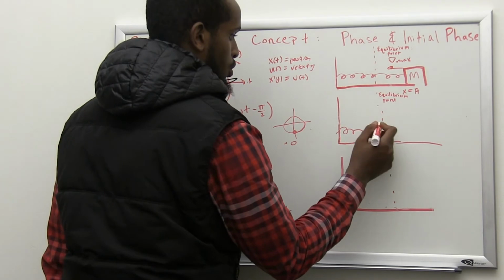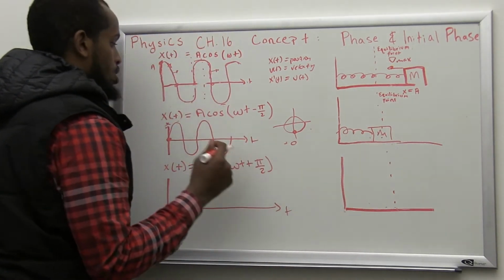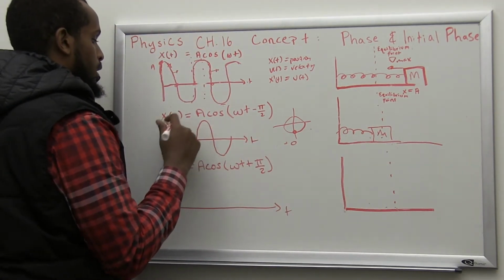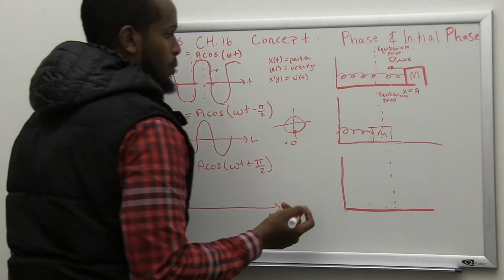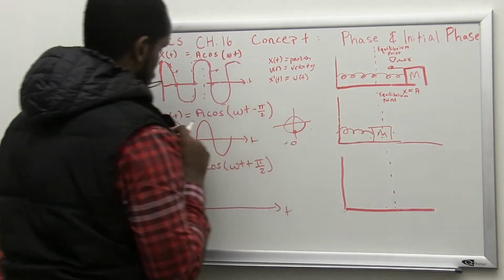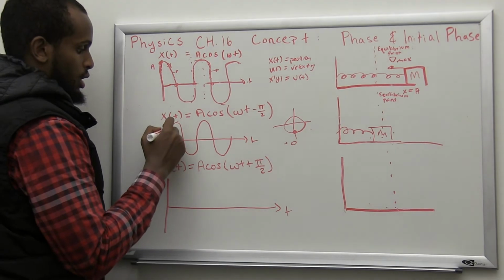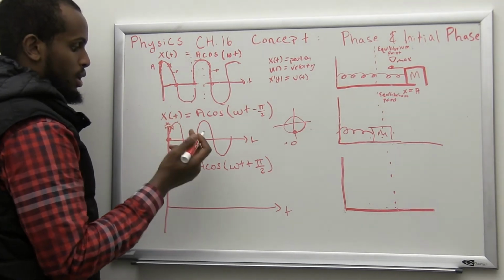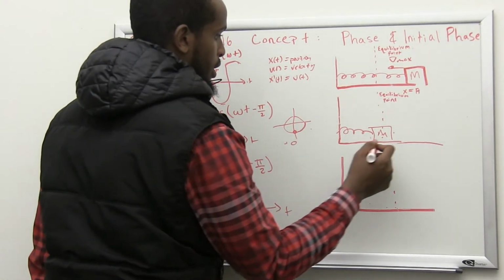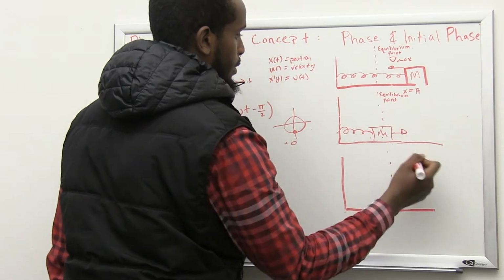If it's going that direction, you just look at the slope, and you see that at that point the slope is positive because you take the tangent line, and you know that means it's moving to the right.